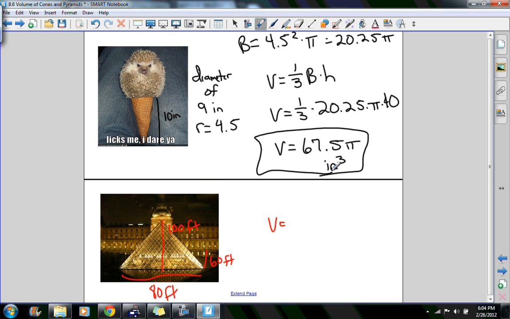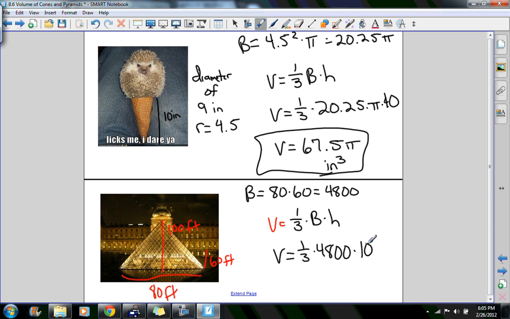So we move to the bottom, and our triangle here is once again 1/3 times base times height, and the base is a rectangle that is 80 times 60, which would be 4,800. So our volume is going to be 1/3 times 4,800 times 100.